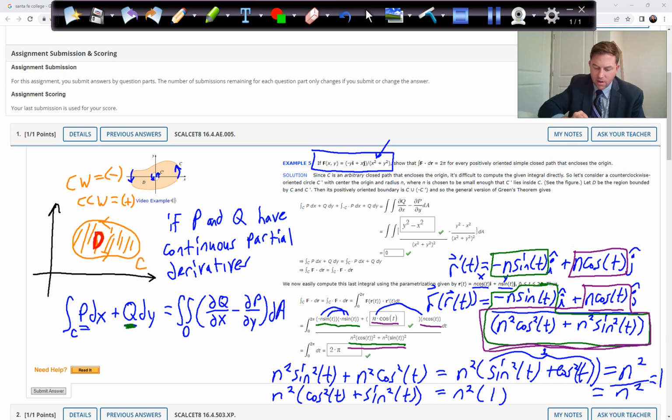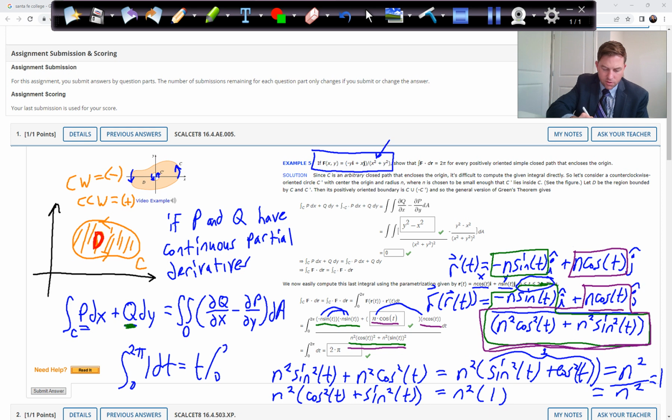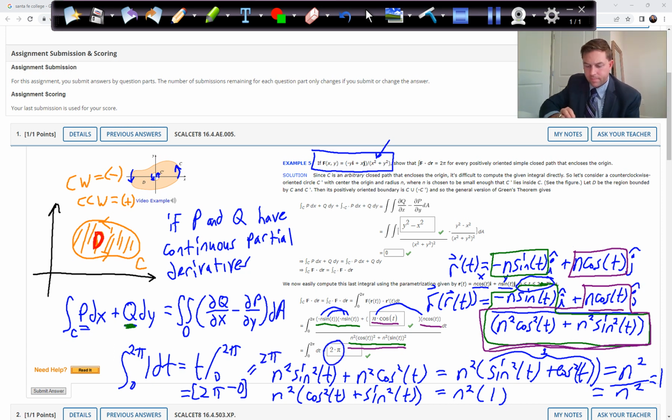So this entire integral collapses into simply the integral from 0 to 2 pi, which are the bounds on t, I kind of covered it up, it's hidden right there, of 1 dt. So the antiderivative of 1 dt is t from 0 to 2 pi, which would equal 2 pi minus 0, which is 2 pi. And so we prove that.